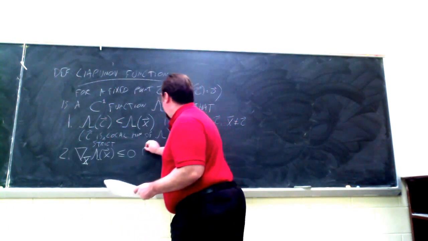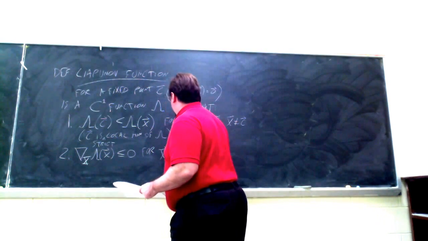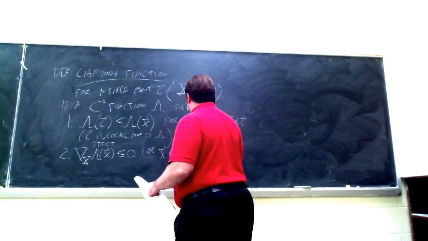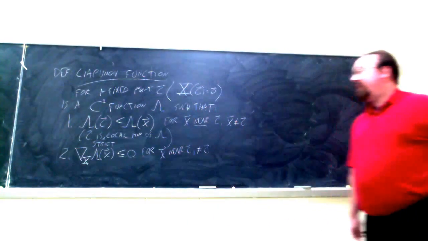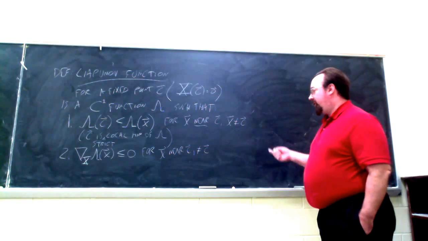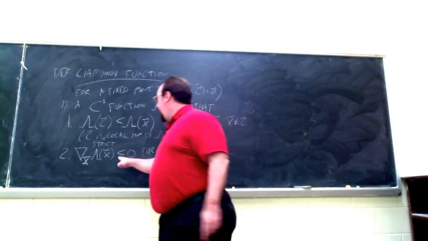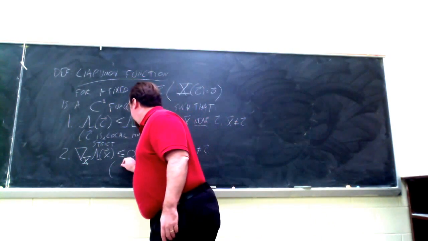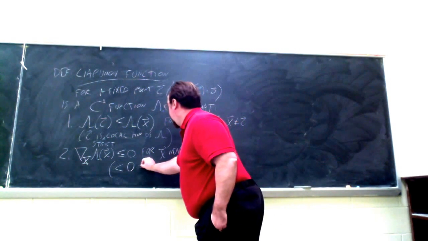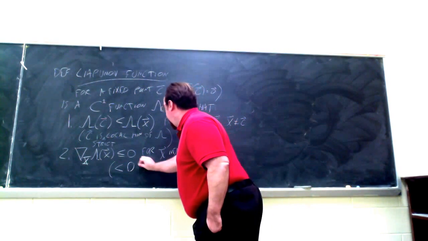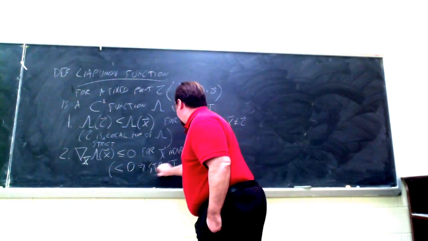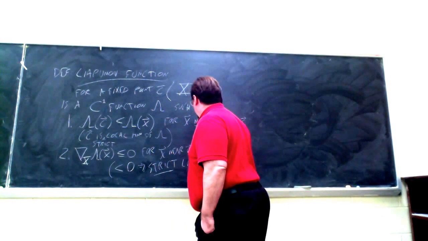Again, for x near C and not equal to C. So those are conditions for a Lyapunov function. We can go a little bit further. Let's suppose that this inequality here, what if it's strictly less than 0? Then that means we say that big lambda is a strict Lyapunov function.